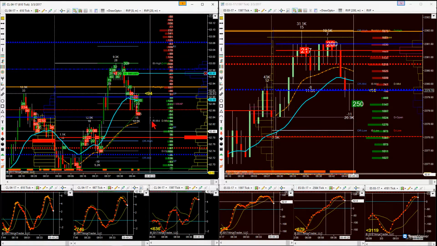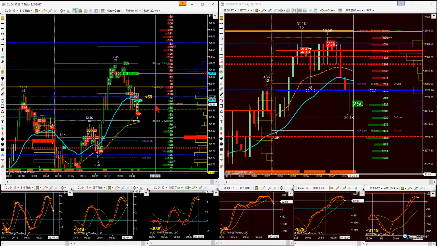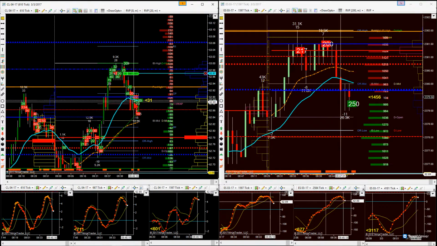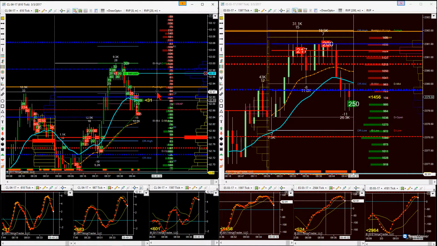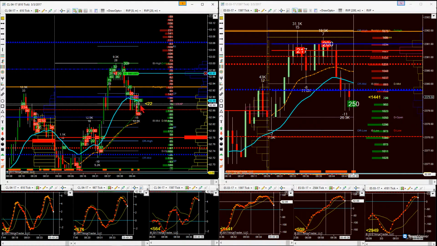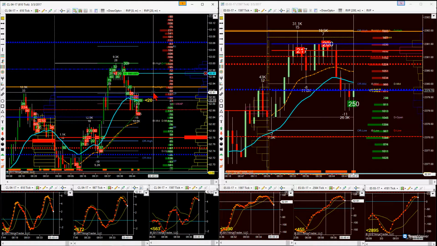Make that S&P a little easier to see. Okay, strong bounce here on the oil, right back into that consolidation area.